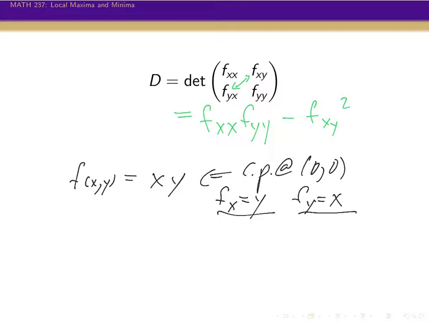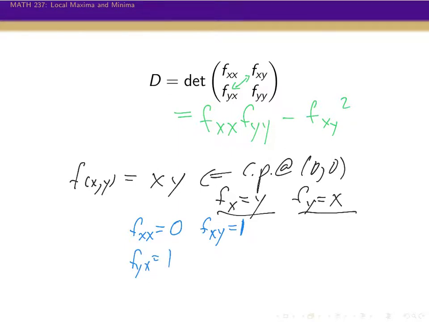What are the second order partials here? Well, f_xx, if I take y, take the partial in terms of x, I get 0. f_xy, if I take the partial of x in terms of y, I'm going to get 1. And f_yx is going to be the same thing.